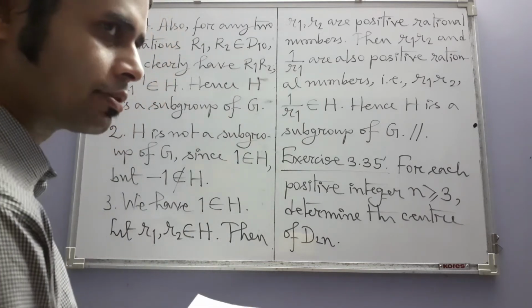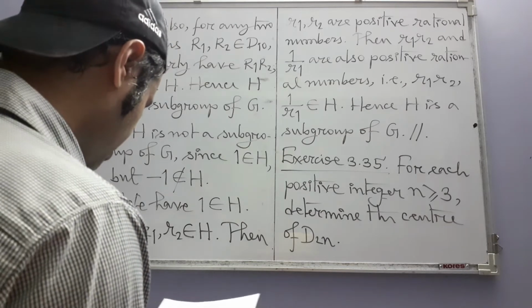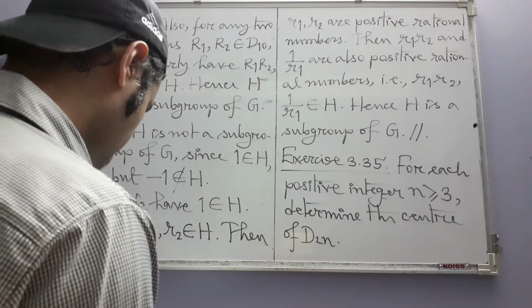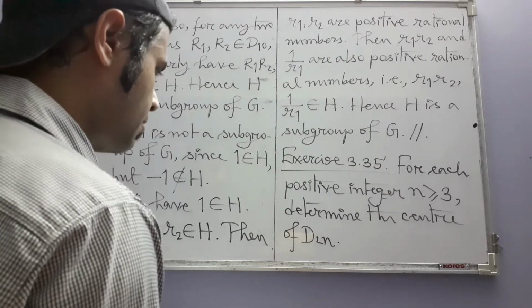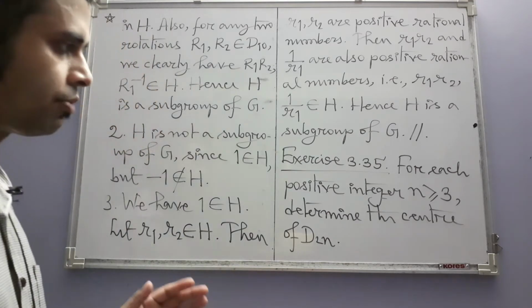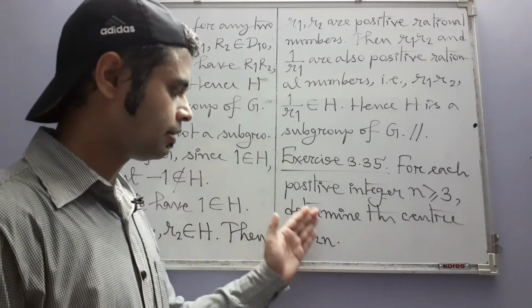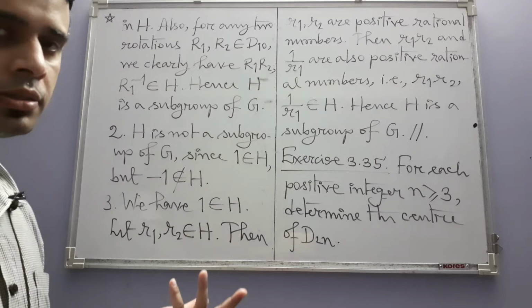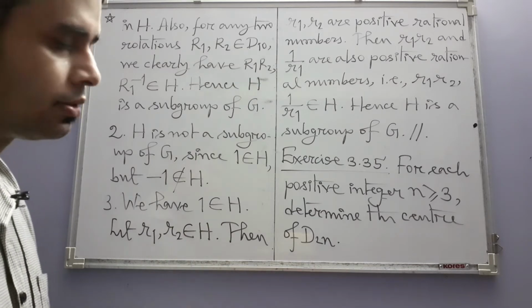You write whatever you are comfortable with. Okay, so we want to find the center of the dihedral group D2n where n is an integer at least 3.